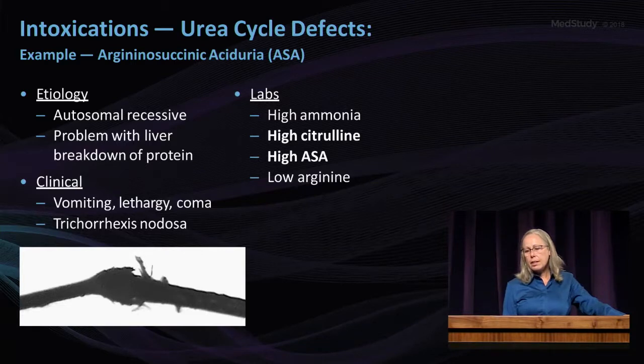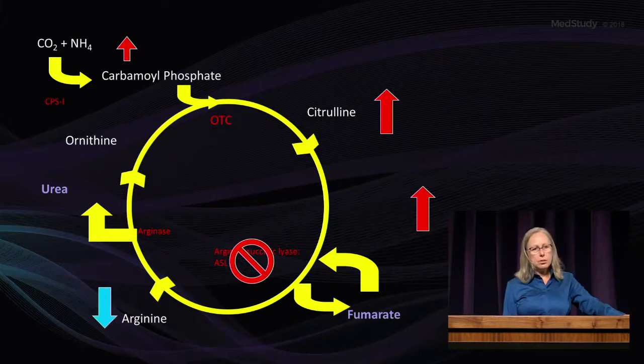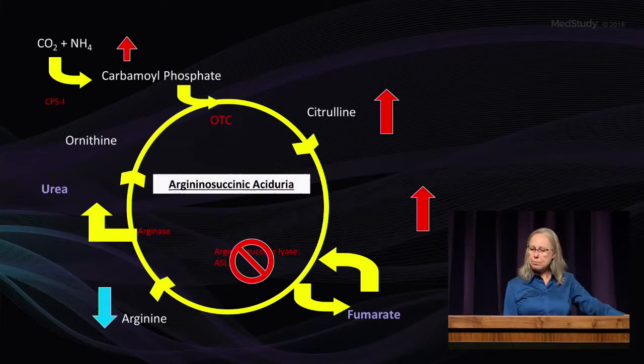High ammonia, high citrulline, high argininosuccinic acid, and low arginine. So when this enzyme goes away, back behind, the citrulline goes up. My argininosuccinic went away, but there's citrulline, ammonia, and the arginine is still down. So again, you're just looking for these patterns of A to B to C.